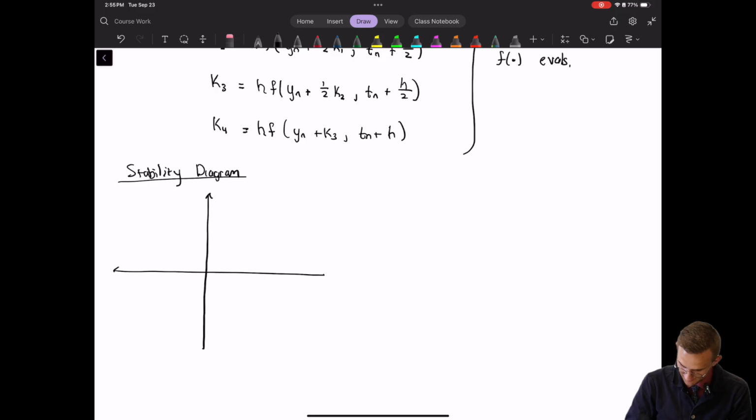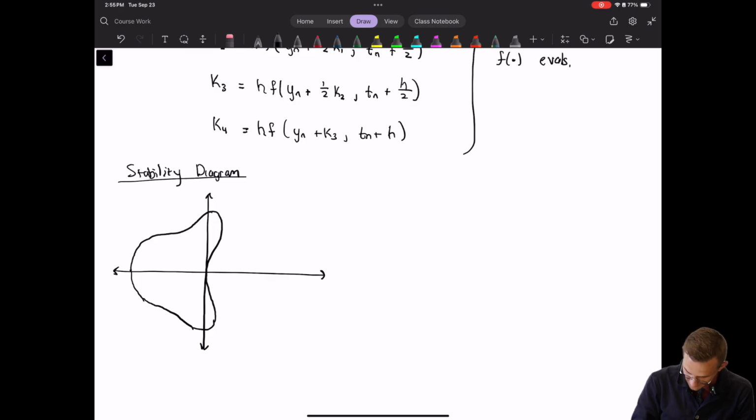But the stability diagram for Runge Kutta 4 ends up looking like this. Okay, it has this general shape. It goes up like this, and then it has a lobe, kind of comes around here, and then that thing is mirrored across the x-axis. So let's see if I can draw something that looks roughly mirrored. That's pretty close.